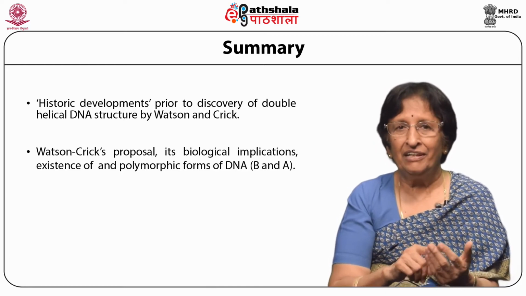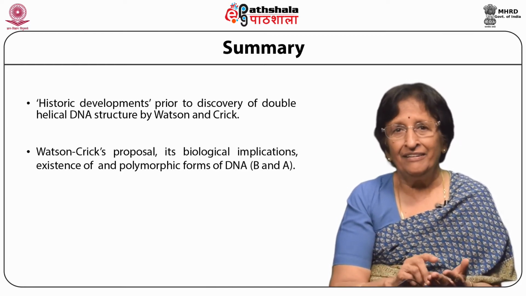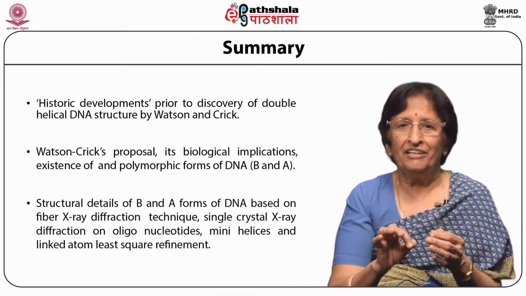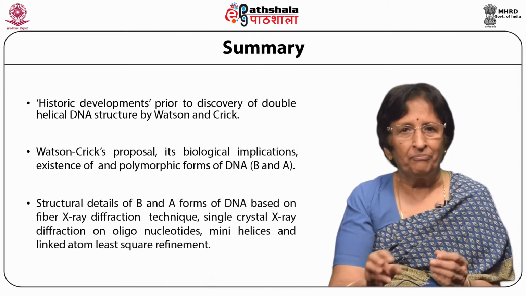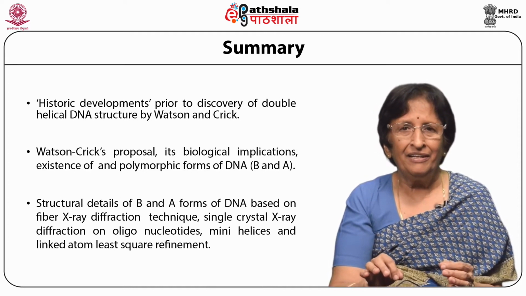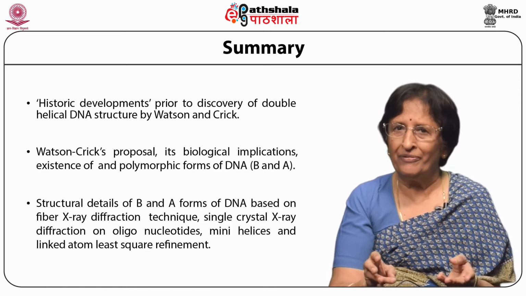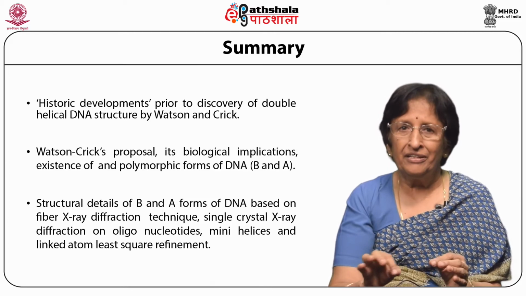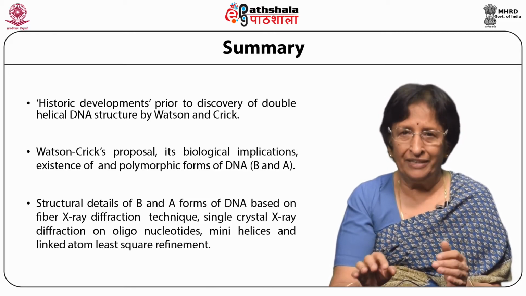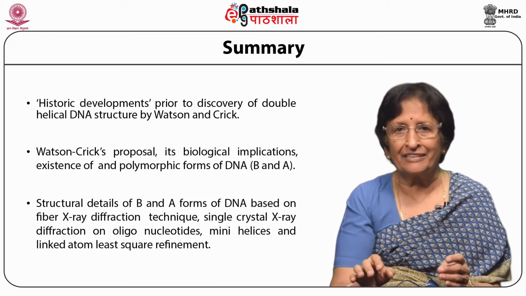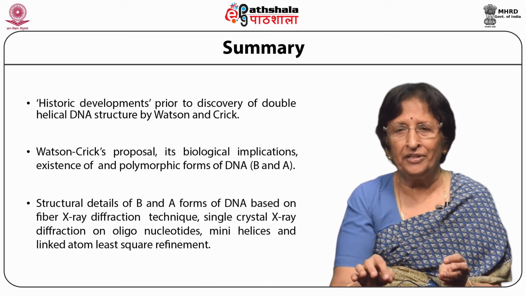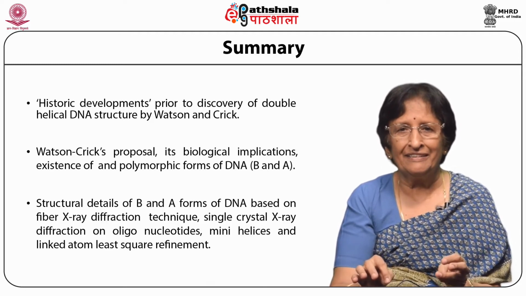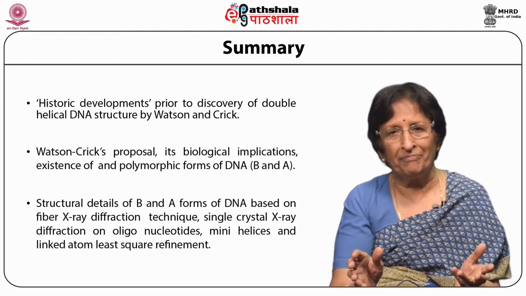Next, we tried to understand the details of the structures of the B form of DNA, which is a highly hydrated form, and the A type form of DNA, based on fiber diffraction data, single crystal X-ray diffraction on oligonucleotides and minihelices, and linked atom least squares refinement procedures.